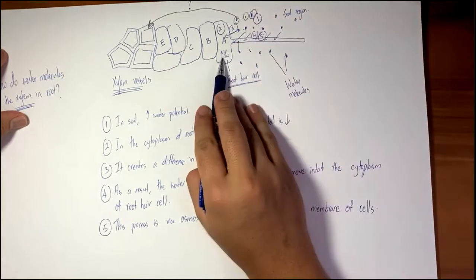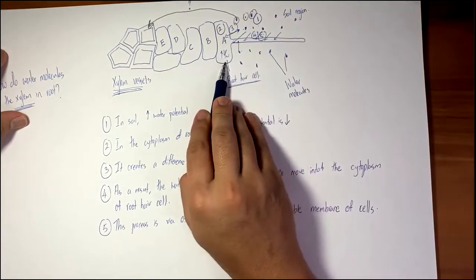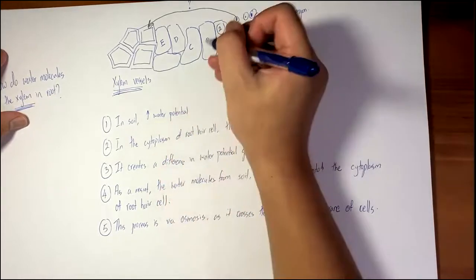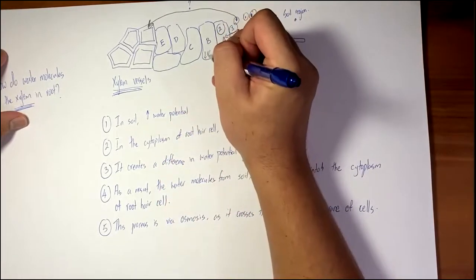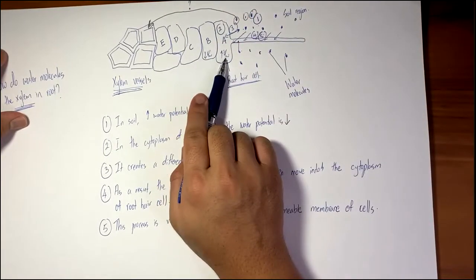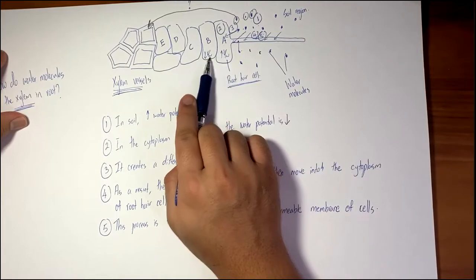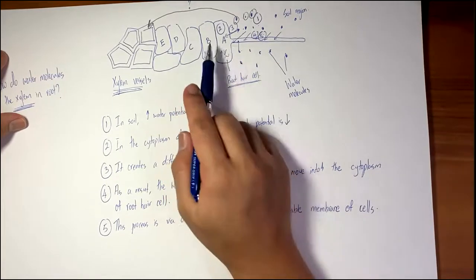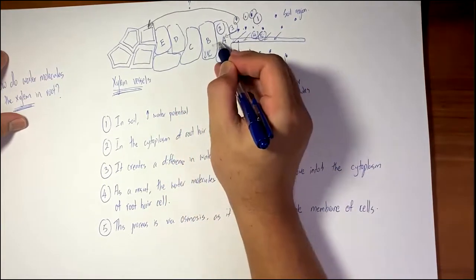Okay, now cell A will have higher water potential compared with cell B. So cell B will have lower water potential. So the same thing is happening. Higher water potential in A, lower water potential in B. So therefore, it creates a difference in concentration gradient.